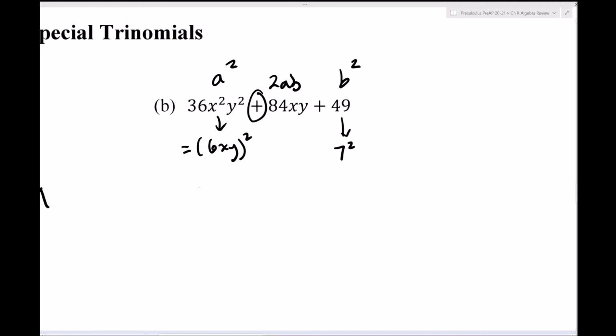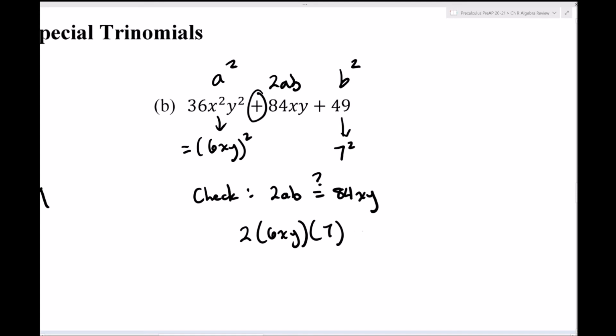So then I have to check, is 2ab equal to 84xy? I'd have to double check. So then we're going to plug it in. 2a, which is 6xy, times b, which is 7, is that in fact equal to 84xy? So then you multiply. 2 times 6 is 12. 12 times 7.